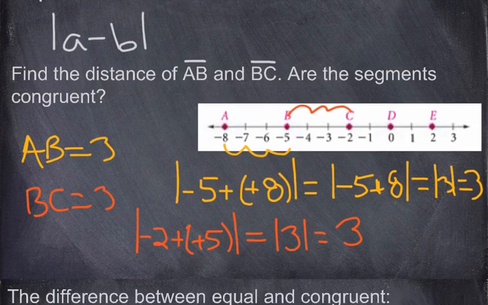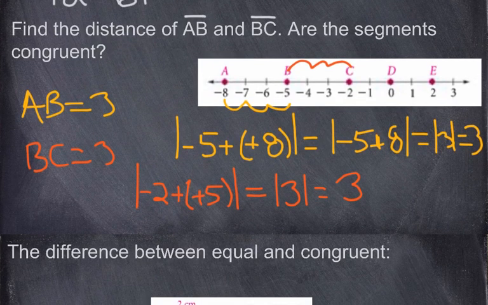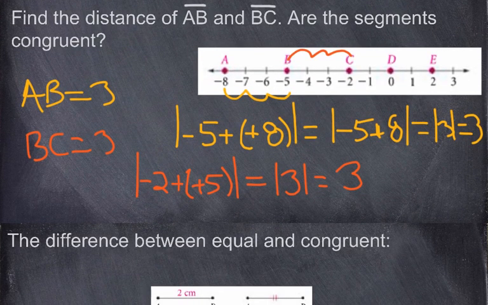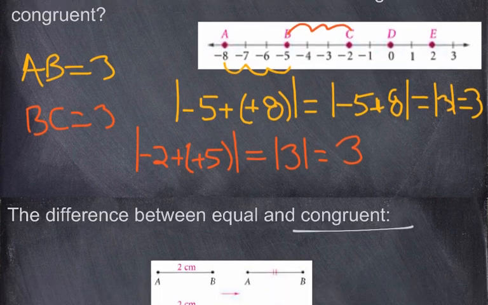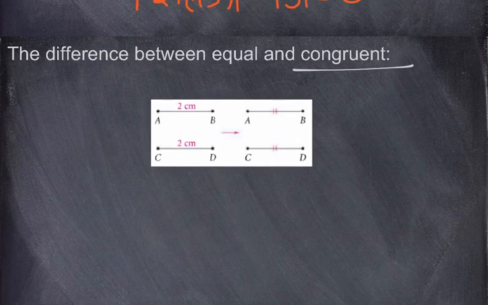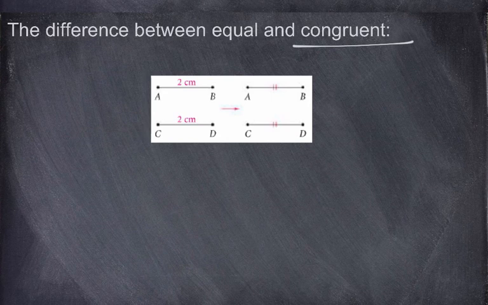Okay? Now, like I hinted at a second ago, we were going to write that the segments are congruent. Well, what is the difference between equal and congruent? Well, it's all about notation. If we actually know the specific number value, we can say that two segments are equal.